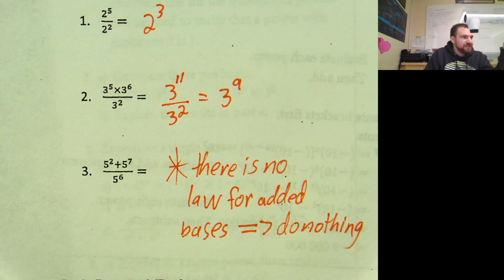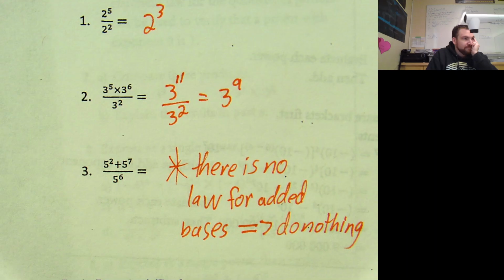So there is no expressing this one as a single power. The question says to express as a single power, but we can't. That's it. There is no simplifying here.